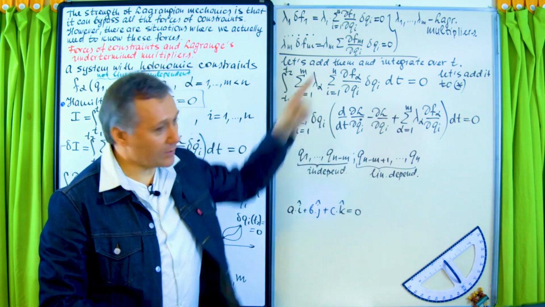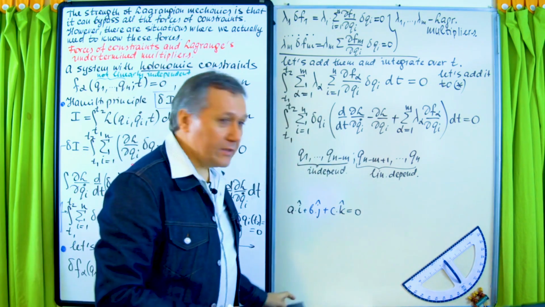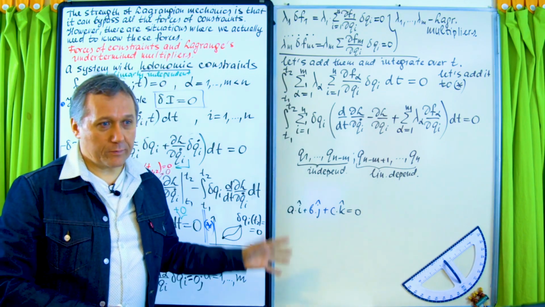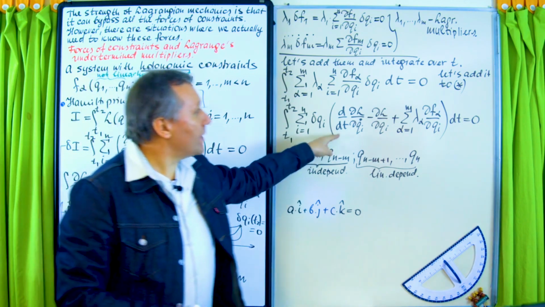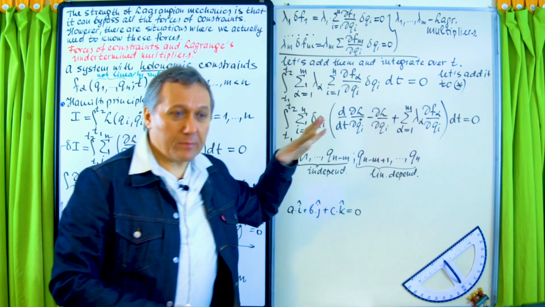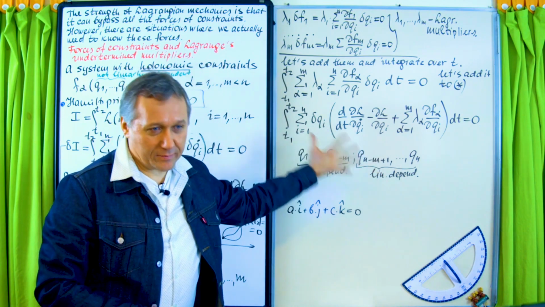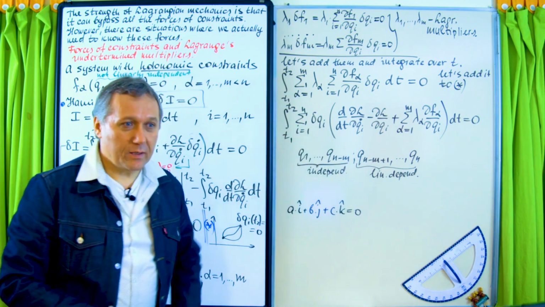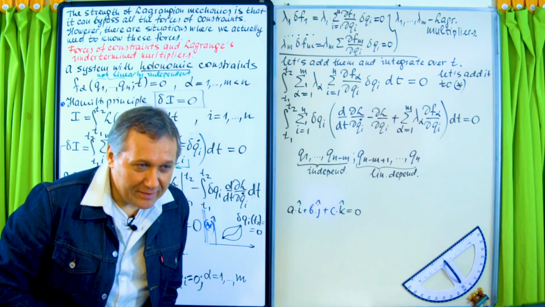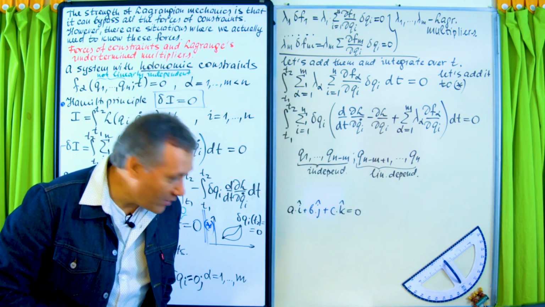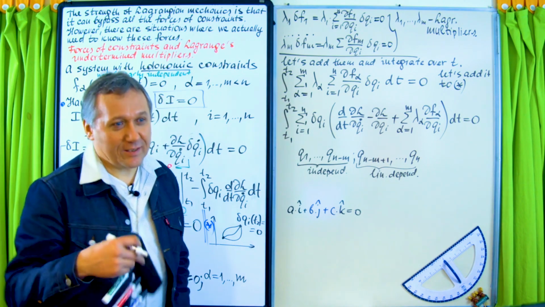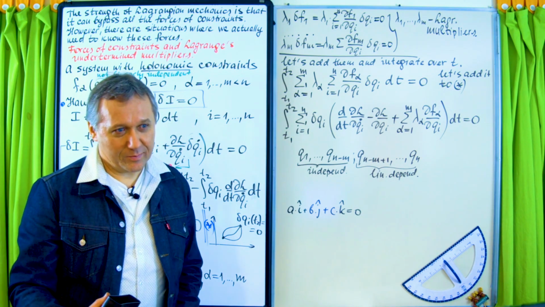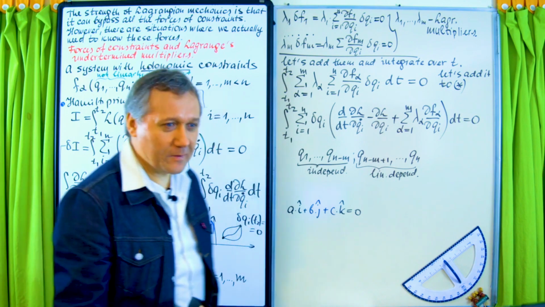Again, lambdas help to make these m brackets 0, and then the rest will be automatically 0 because the rest of the coordinates are linearly independent. Right? So the justification is a little bit trickier, but I think you got the idea.